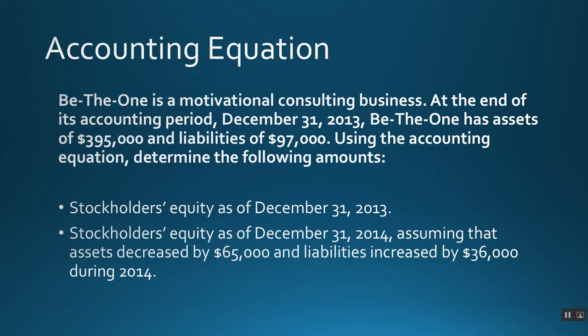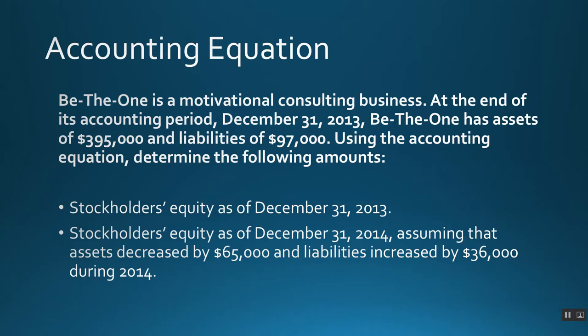Let's take a look at how this works. So here we have an example that we can use. Be the One is a motivational consulting business. At the end of its accounting period, December 31st, 2013, Be the One has assets of $395,000, liabilities of $97,000. So using the accounting equation, we need to determine the following amounts.